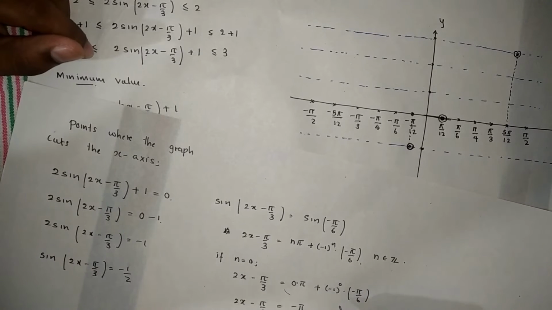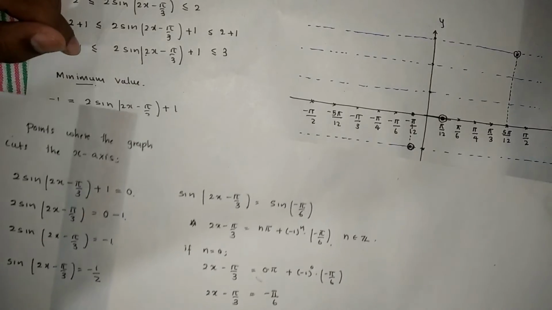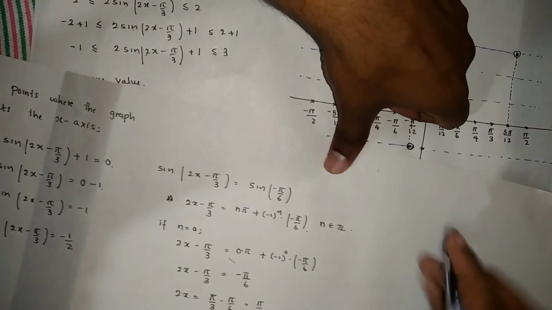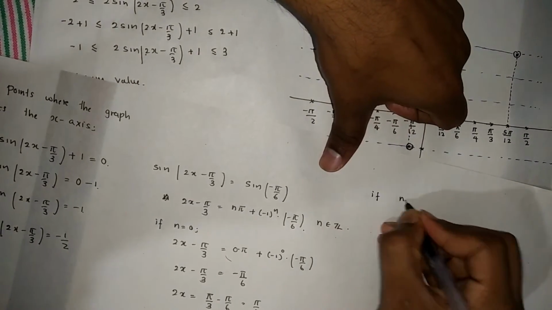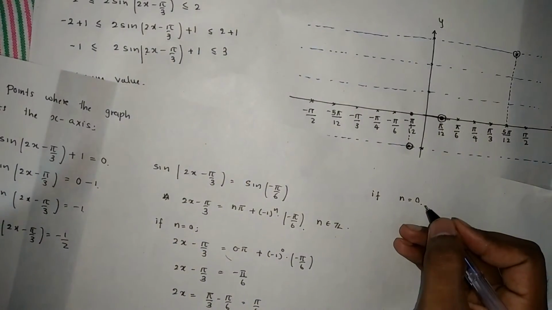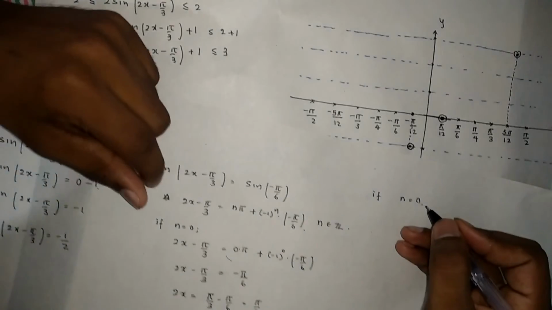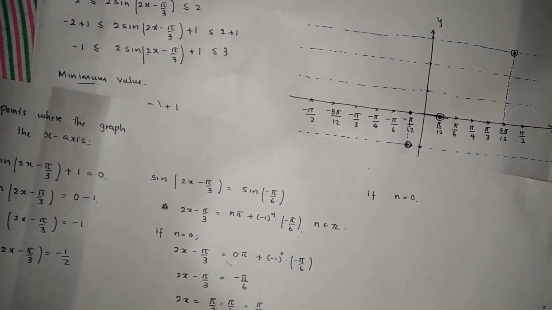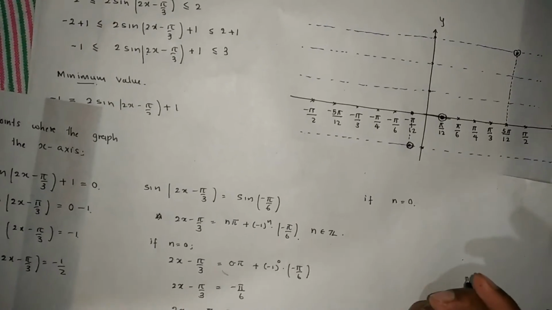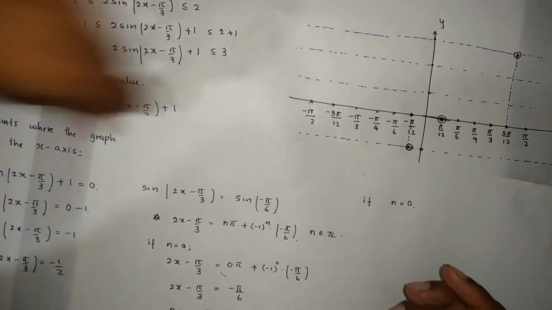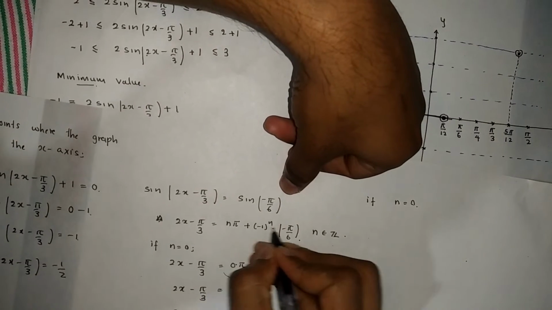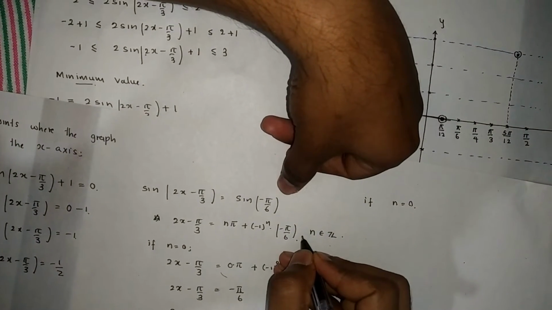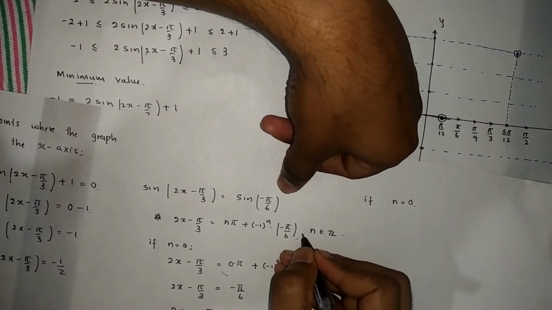All right. So now what happens? Let's substitute another value for n. Which value will suit for us? If you put n equal to minus 1, I think it's going to be minus 7 pi by 6.